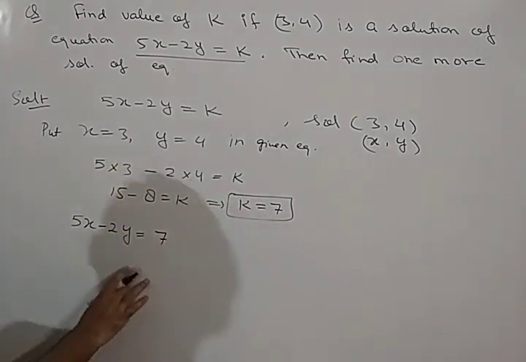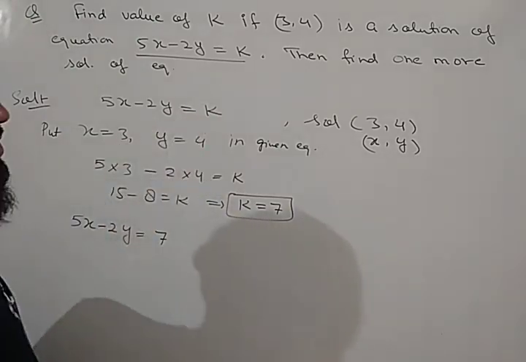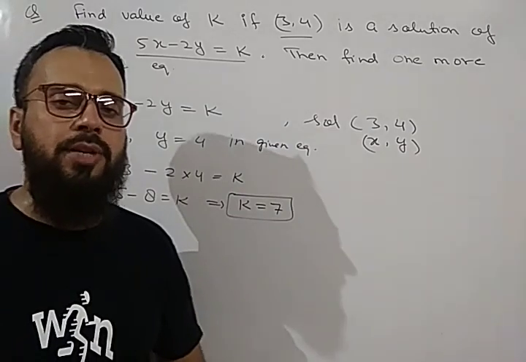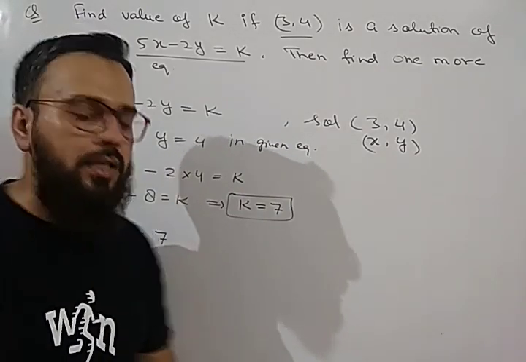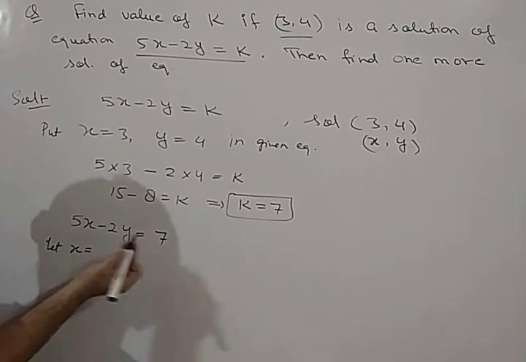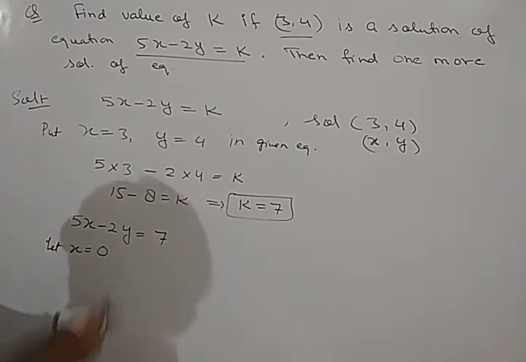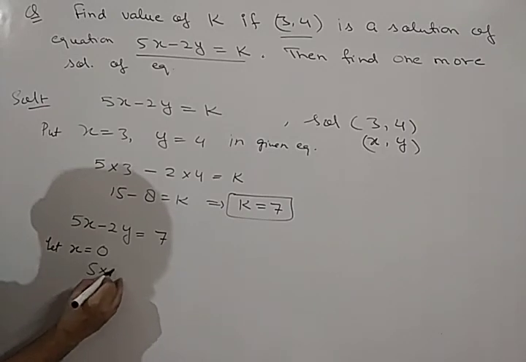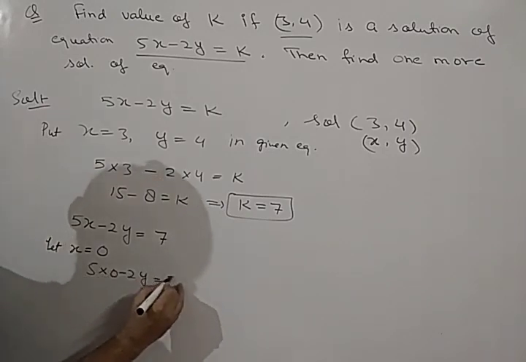Okay. Now we have to find one more solution. 3, 4 is given. It is the one solution. We have to find another solution. So we all know how to find the solution. Let x be equal to, we start from 0. So on putting x equal to 0, we will get 5 into 0 minus 2y is equal to 7.